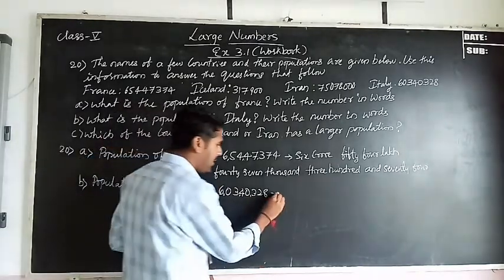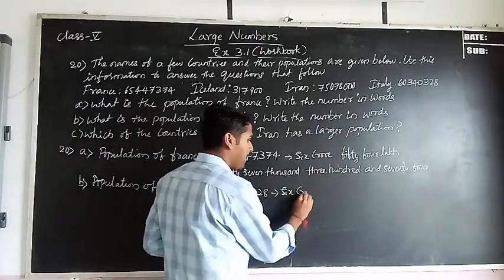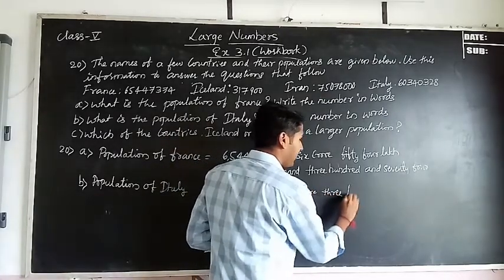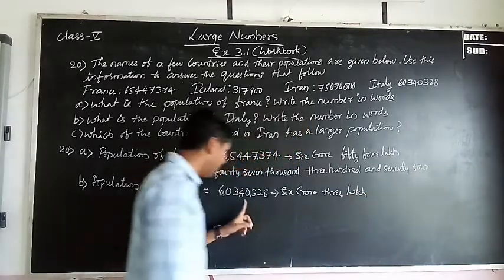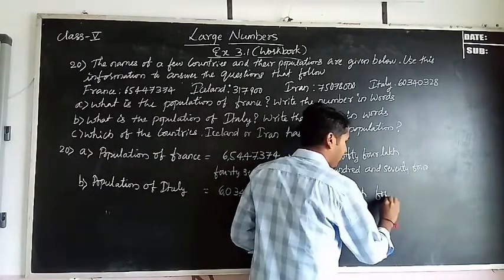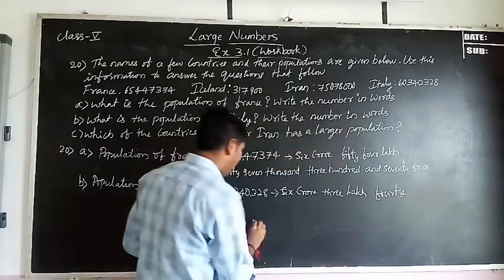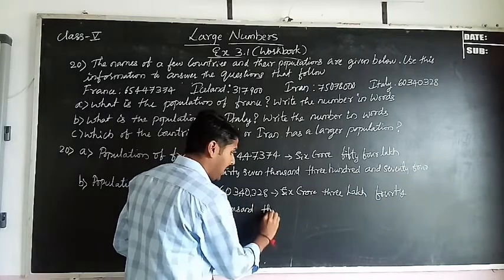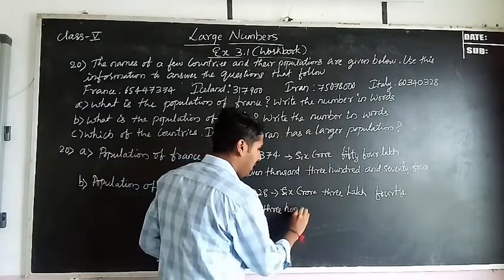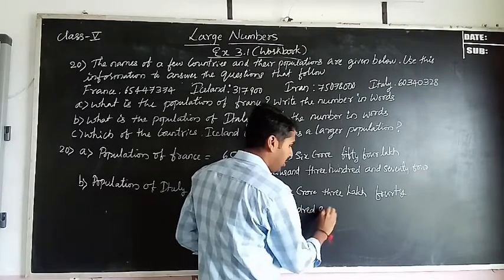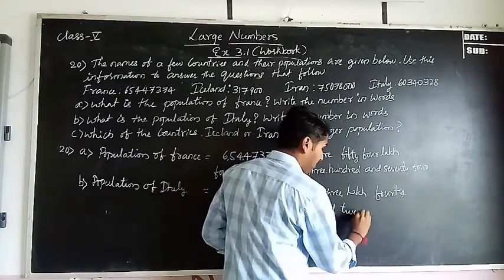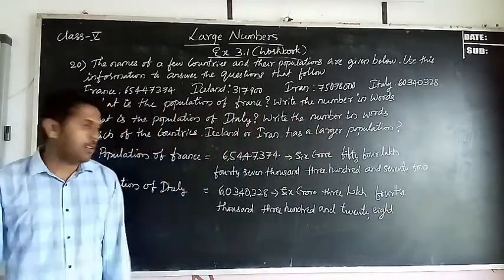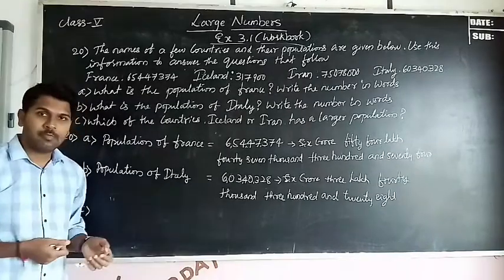So write down that number. 6 crore, 3 lakh, 40,328. Okay. Next, third one.